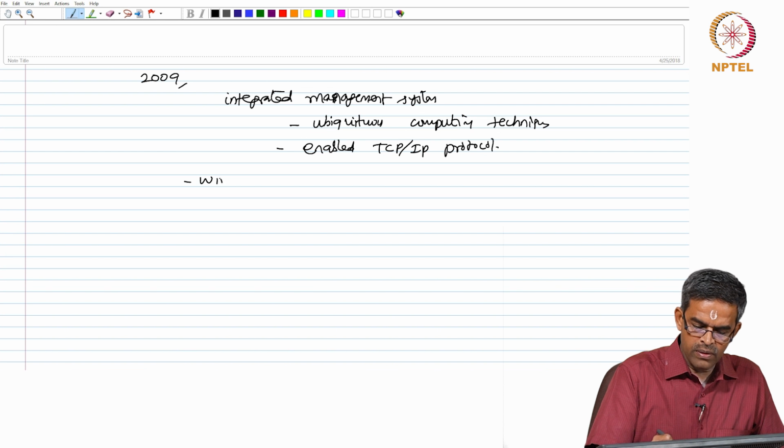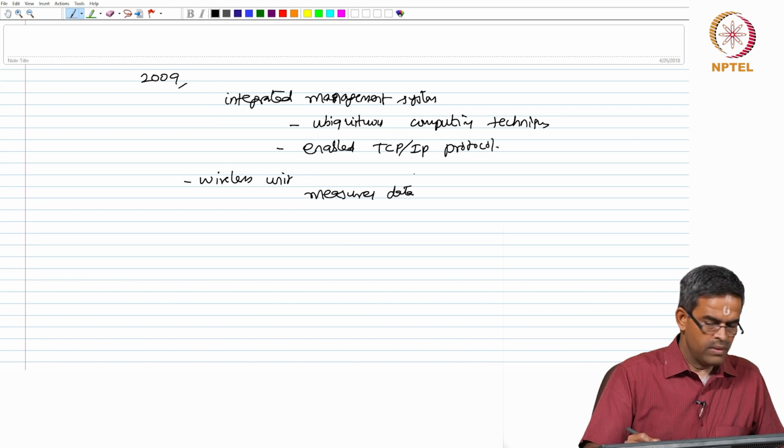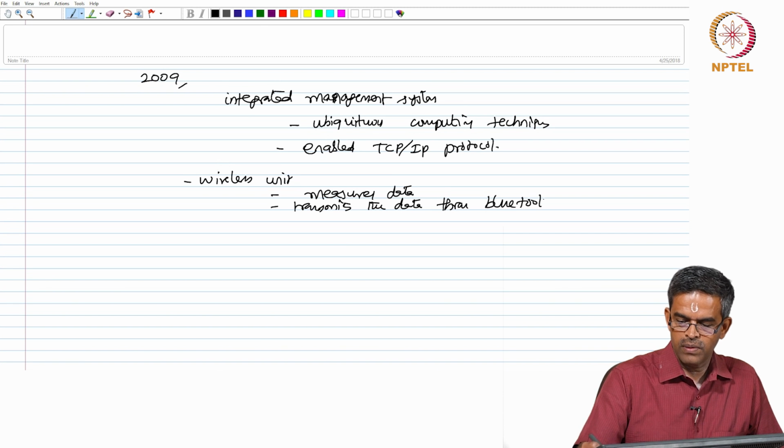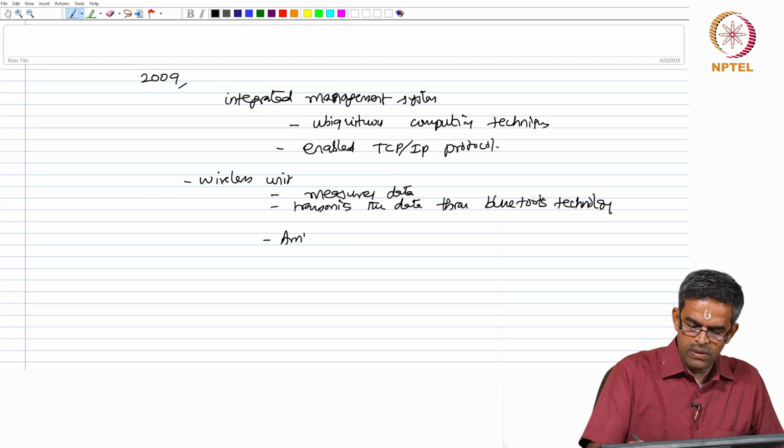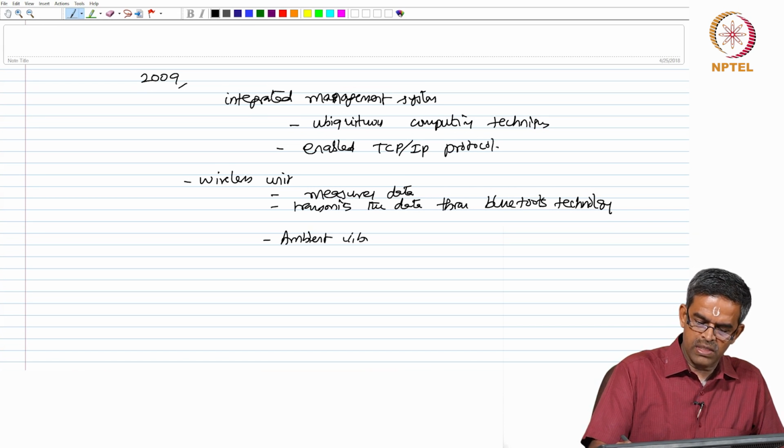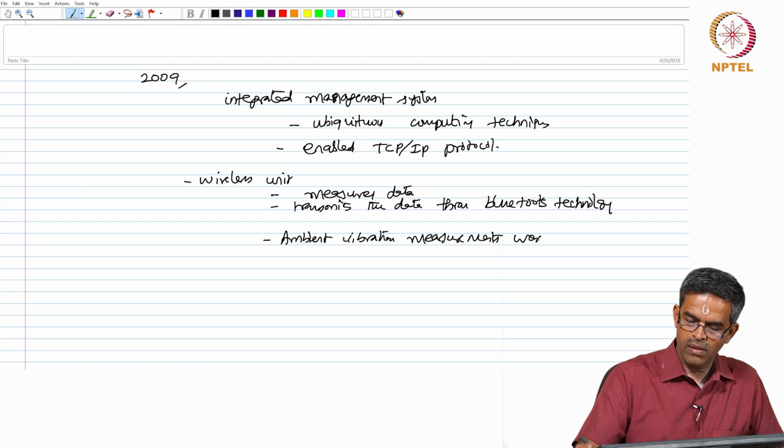The wireless unit, which was fabricated, measures the data and also transmits the data using Bluetooth technology. Ambient vibration measurements were made using this sensor, and found to be very efficient.